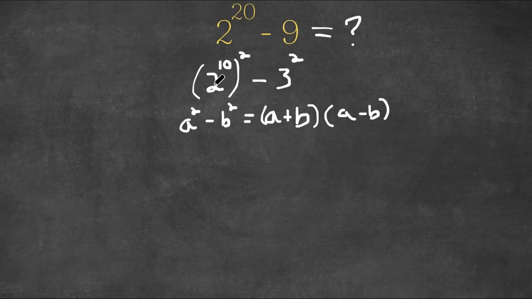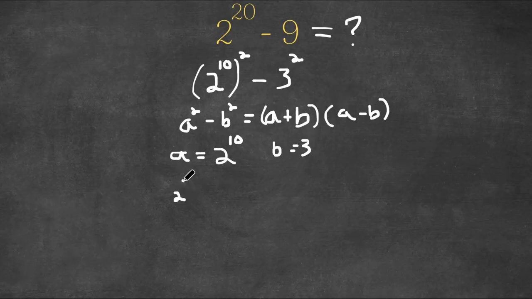So a in this case would be 2 to the power of 10 and b would be 3. So a is 2 to the power of 10 and b is 3.